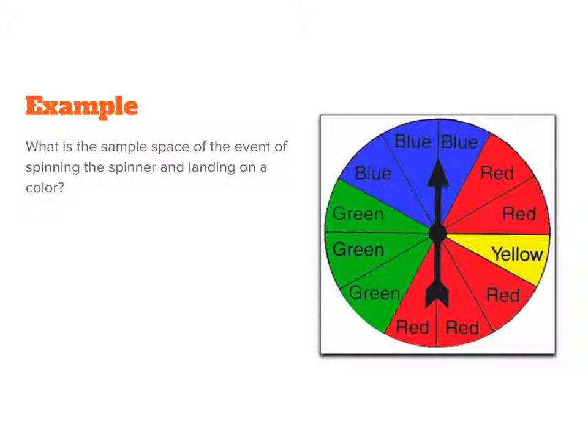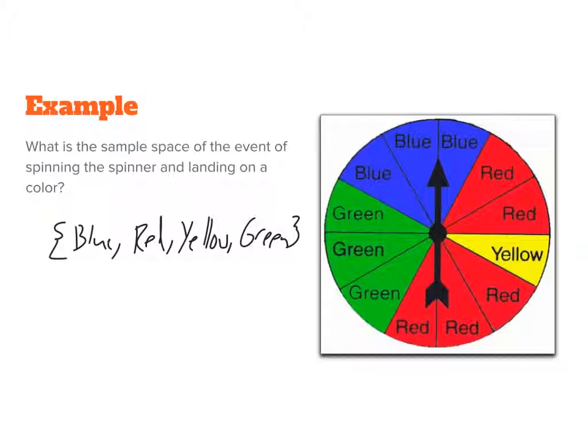Bringing back the spinner from previous examples, we want to know the sample space of spinning the spinner and having it land on a color. So we're just going to list off the different colors that are on this spinner. I see blue, red, yellow, and green. So again, even though there are 12 different spots it could land, there's only 4 different outcomes that could happen.